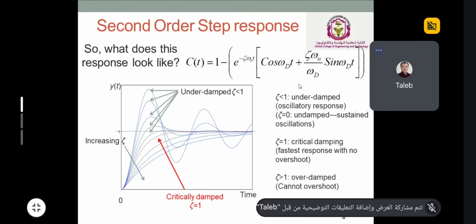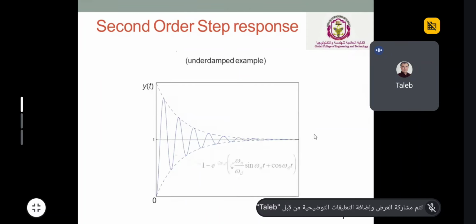So what you need to put here are omega n, omega d, and zeta. Your job is to find zeta, omega n, and omega d. Then you put them in this formula for the output.